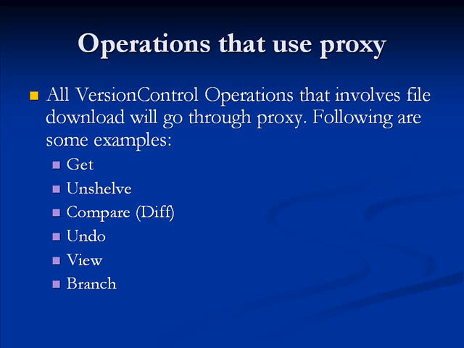So following are some examples. The get, so you're trying to download any version of a file, or you are trying to unshelve some changes, or say undo, view, or branch, like any operation that involves a file download will go through the proxy.